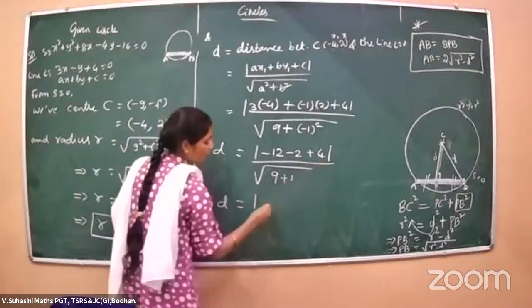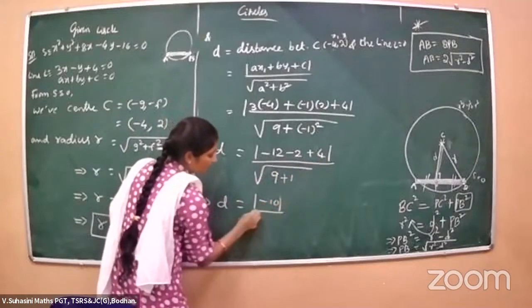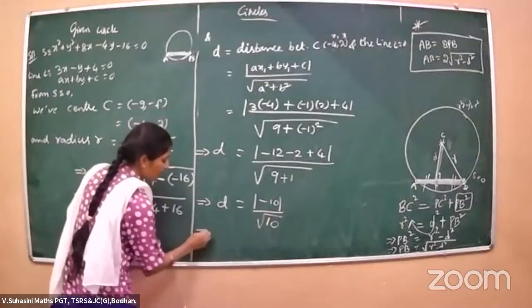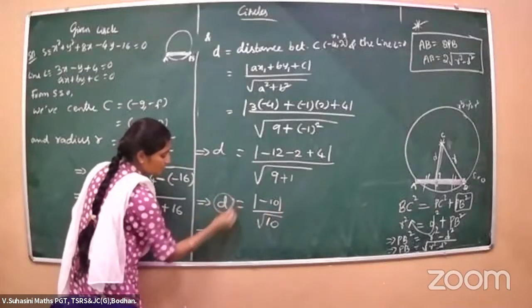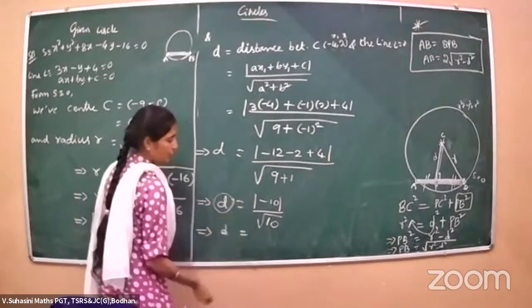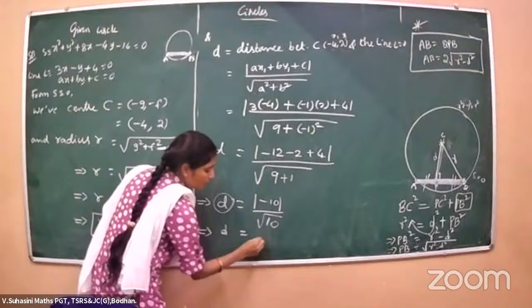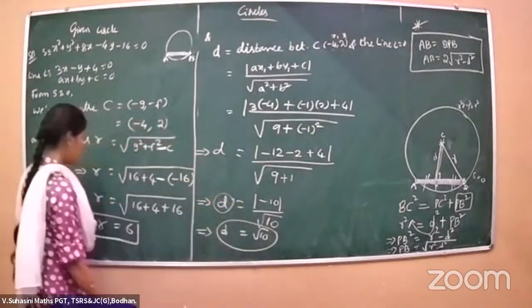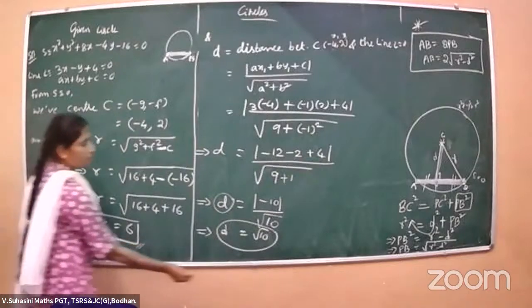Minus 14 plus 4, minus 10, divided by root 10. As it is modulus, the negative also will become positive because distance is positive always. You cannot measure the distance in negative values here in this question. So it is 10 by root 10, which is root 10. So d we got, as well as r we have.